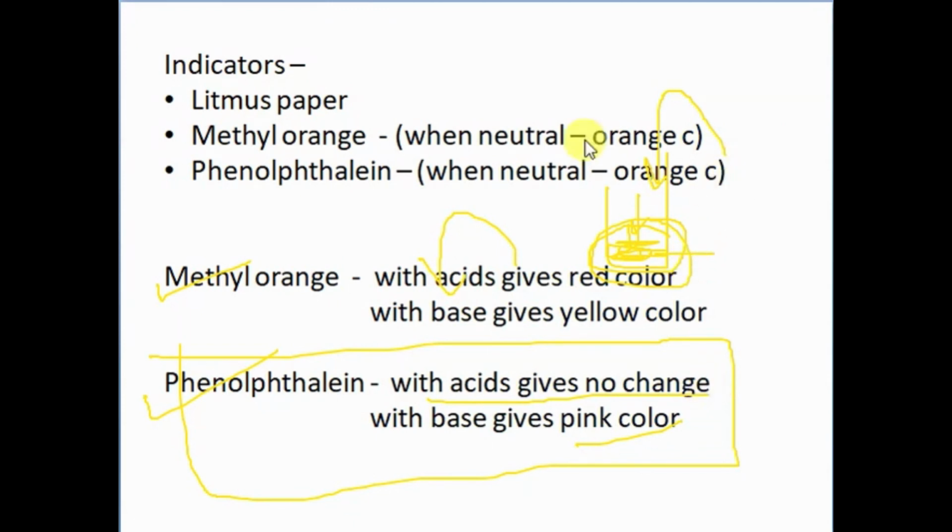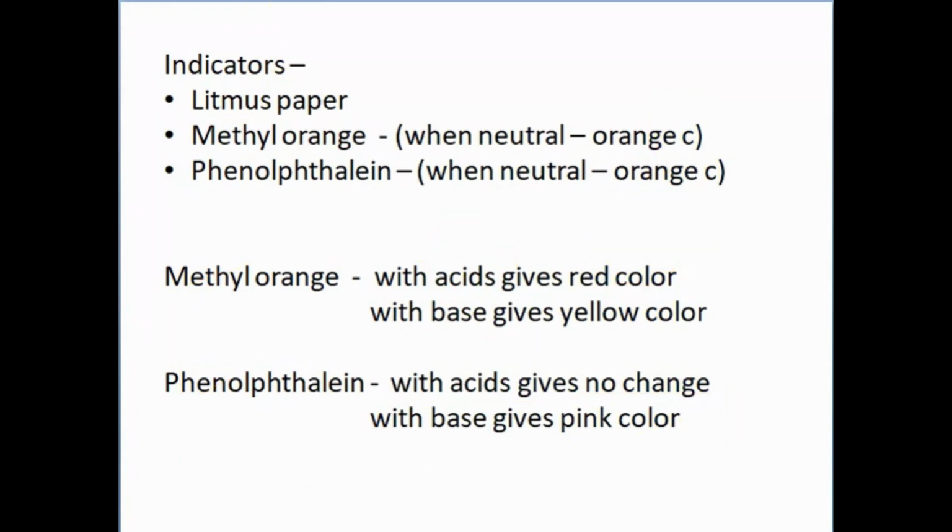So these are certain ways through which you can determine whether the solution is acidic or basic in nature. So these are the indicators. The three indicators you have: the first is litmus paper, then methyl orange, and then the phenolphthalein indicator. I hope things are clear.